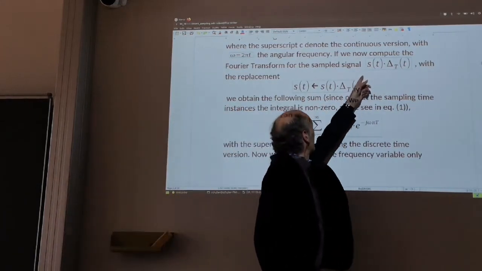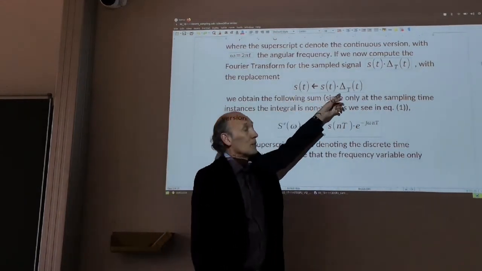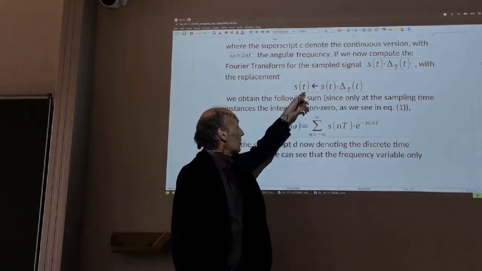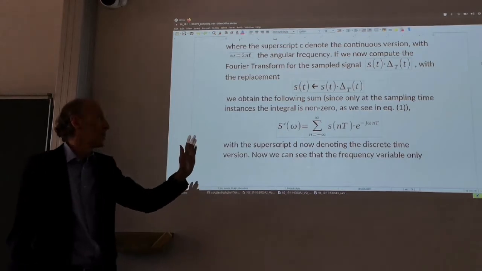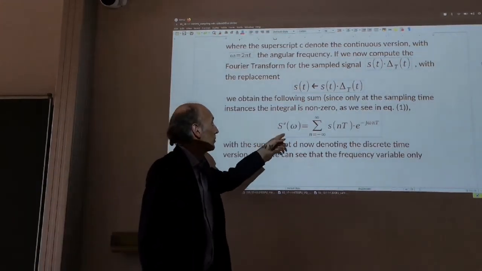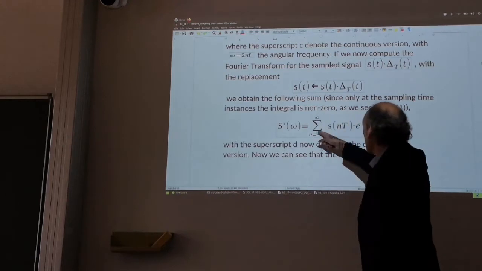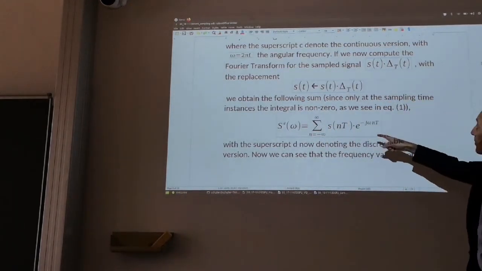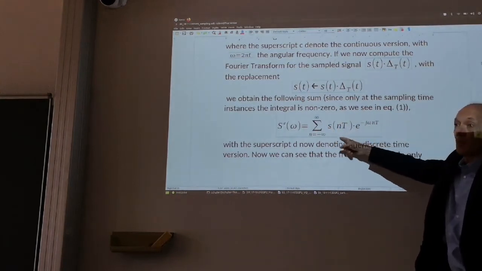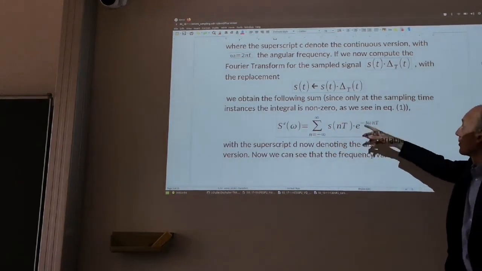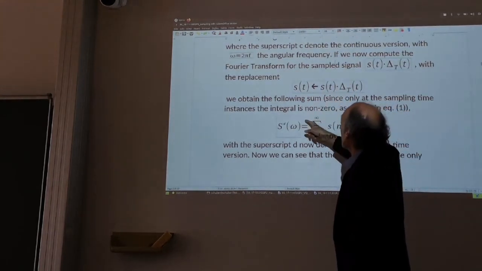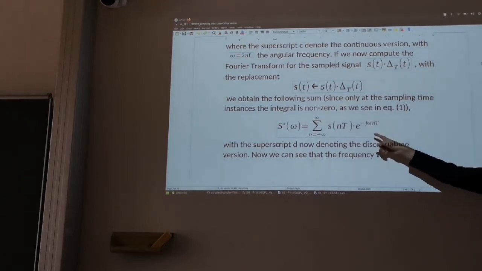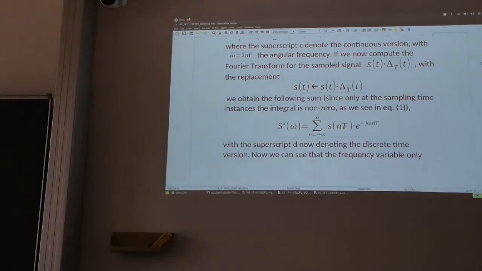So we replace our signal by the sampled signal, basically. It is still in continuous time in this way, but it is only non-zero at those sampling points. So then what we get, instead of having this integral, is a sum, right? And instead of having continuous values, we just have the values at the sampling points. So this substitution turns this integral into the sum, but the rest basically stays the same, and here we have the sampling points.